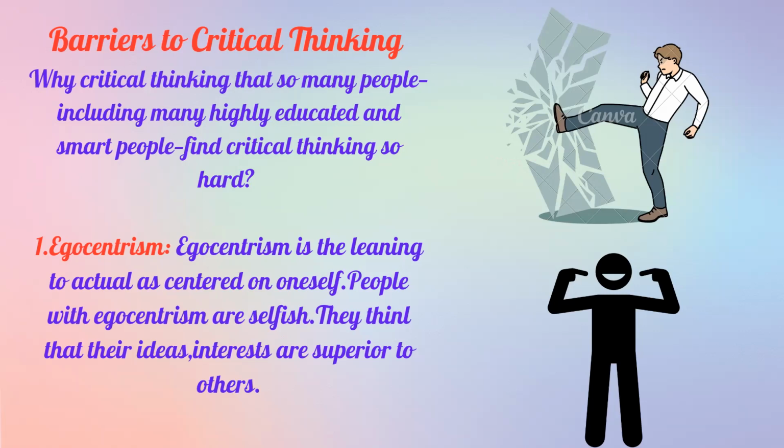People with egocentrism are selfish. They think that their ideas and interests are superior to others'. They don't care about others' views. They always see themselves as right. They aren't open-minded people, so they don't think critically.